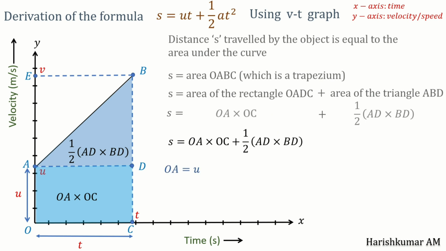Here, OA is equal to u, OC is equal to AD, which is equal to t, and we know that from the first equation of motion, a is equal to BD by AD, and now transposing t to the left side we have got BD is equal to at.